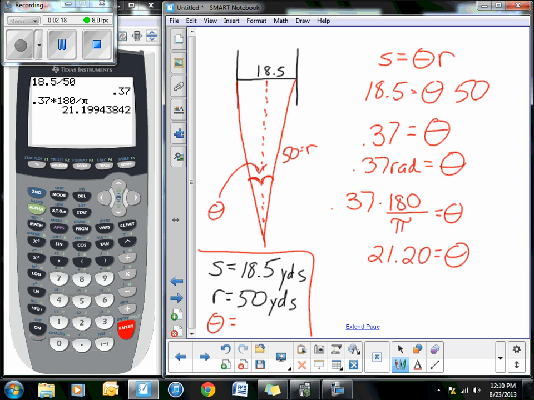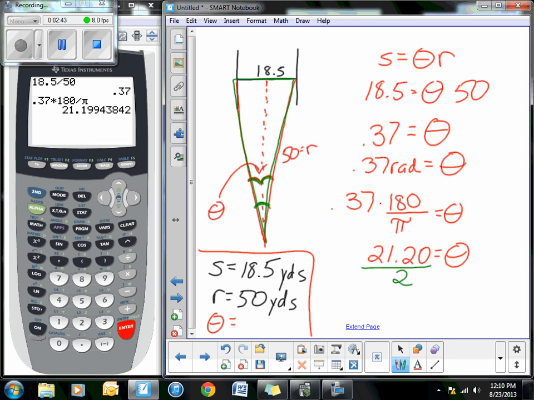And then here's the tricky part. That angle that you just found represents this entire angle here. Because if this is my curve length and this is my radius, that angle belongs to the entire sector. Now, if he's going to deviate, that means he can come a little bit to the right, a little bit to the left. So I need to divide that in half. So I can say that he can go so much to the left, so much to the right.